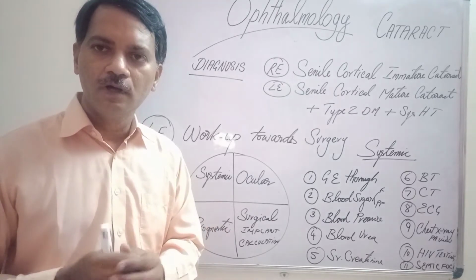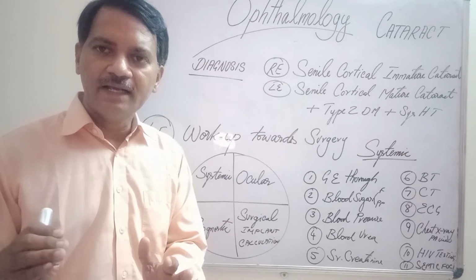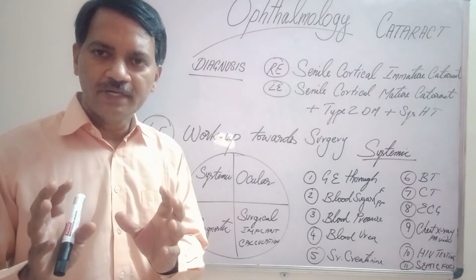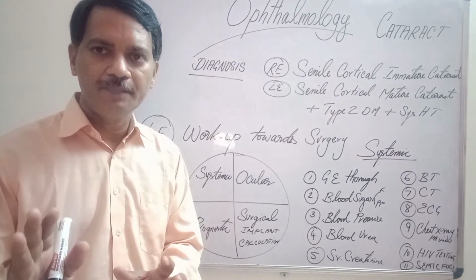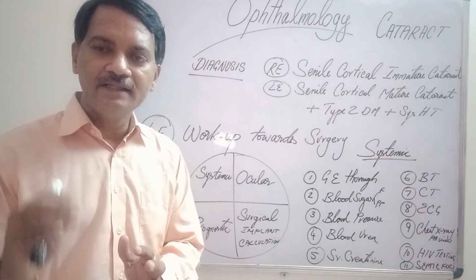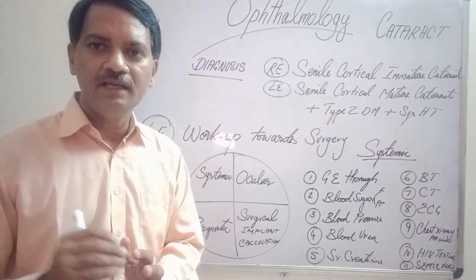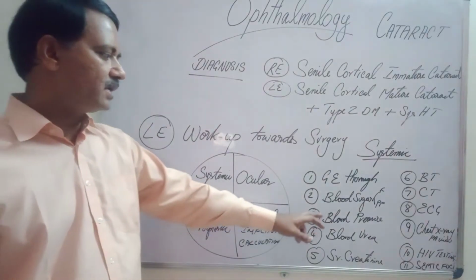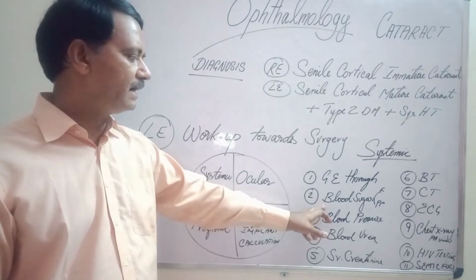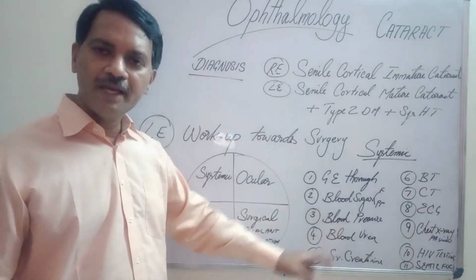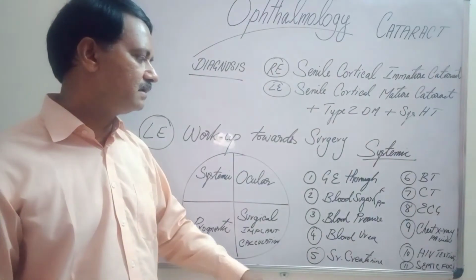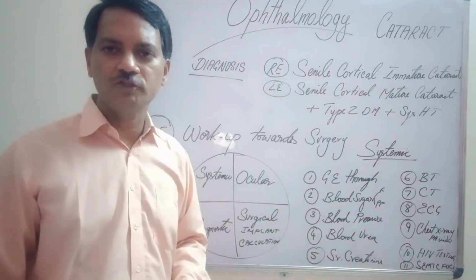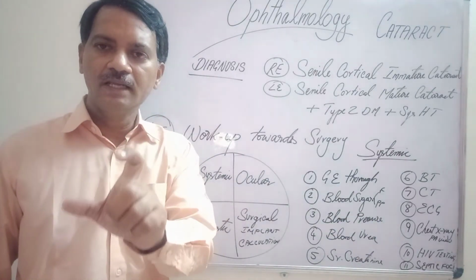If so, we have to get the concerned specialist's opinion and try to treat that condition before taking the patient for surgery, or get a no objection from the concerned specialist before proceeding with the surgery. As far as our patient is concerned, she is a diabetic patient. For all patients, we should do a blood sugar investigation. For our patient also, we compulsorily have to do the fasting and postprandial blood sugar to rule out increased blood sugar levels.